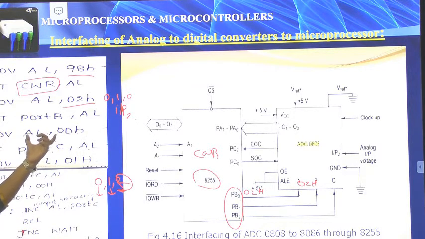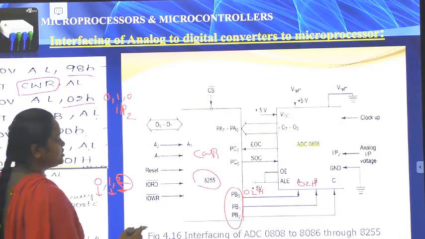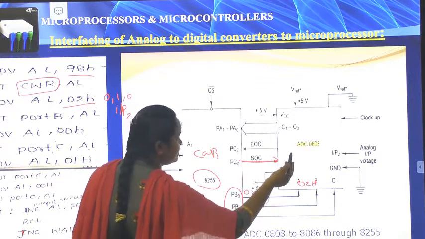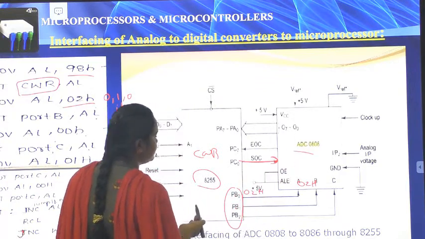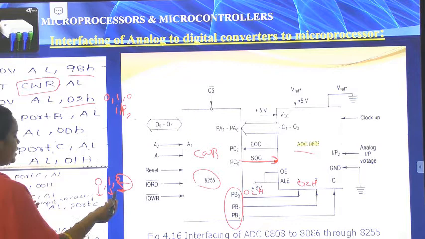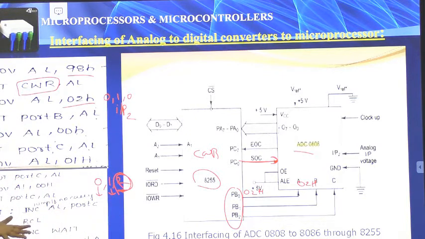Port B, 00H, AL, and AL is going to start the conversion. So by using port C lower, we are going to tell the ADC to start the conversion, and move 0, 1, 0, 2 like that. Like that, the increment takes place up to 2. There are no more values to take, there is no input to take.